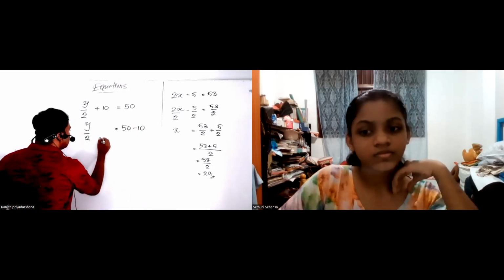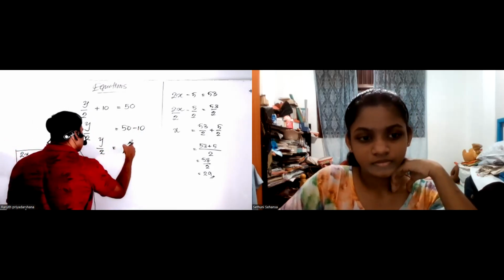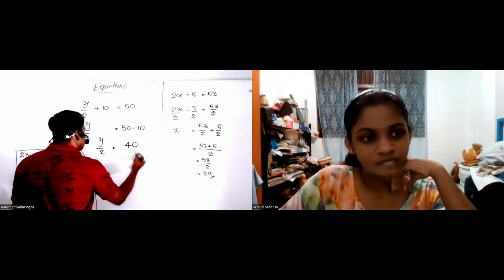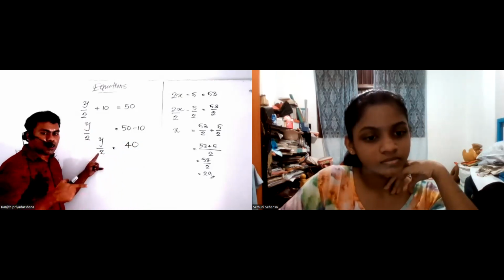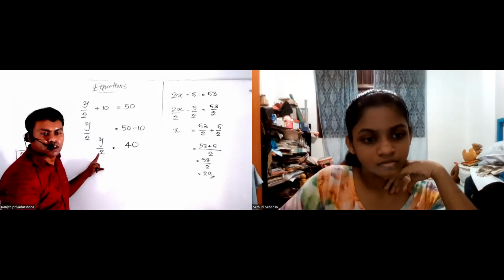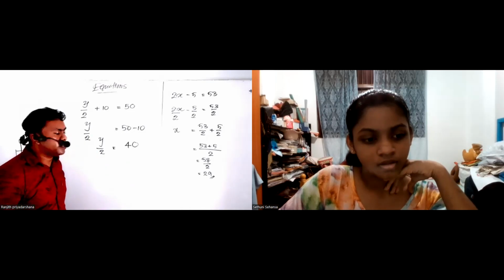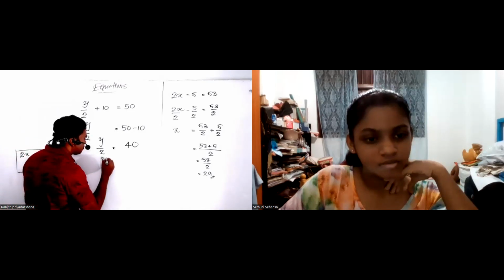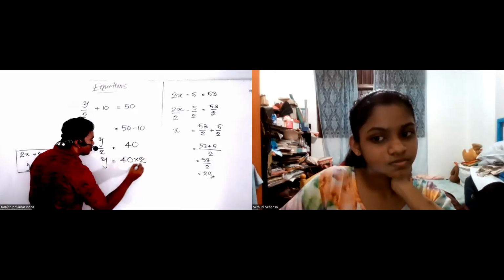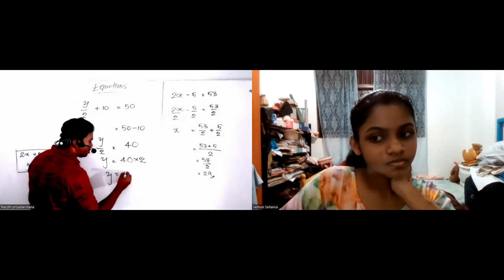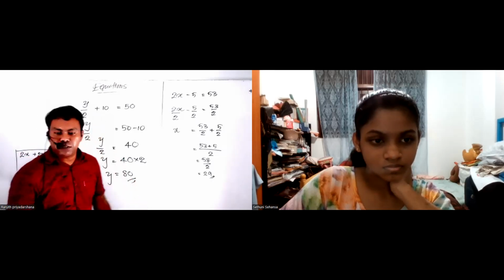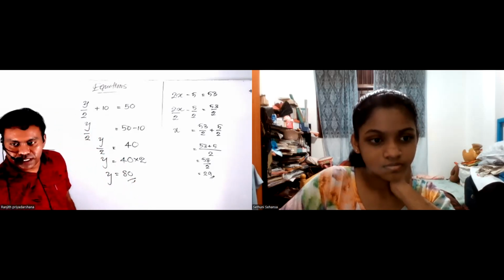Then y upon 2 equals 40. Then this division 2 goes to the other side as multiplication. 40 into 2. Finally, y equals 80. Is it clear to all of you as Setuni did, right? Thank you.